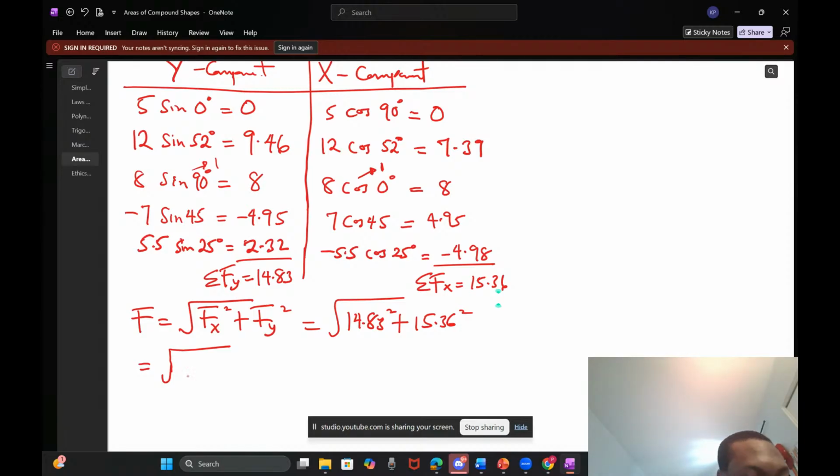So that's the square root of 455.86, which is equal to 21.35 newtons.